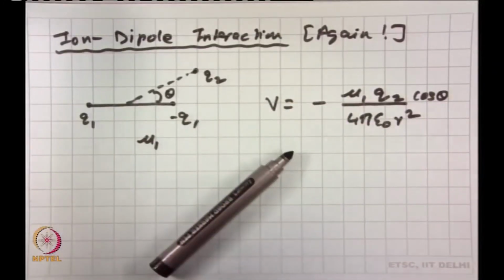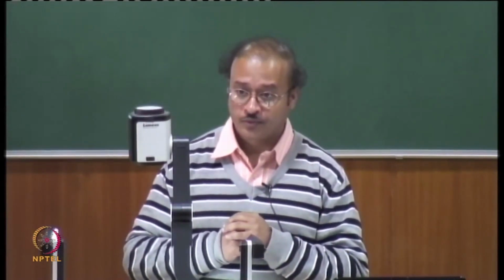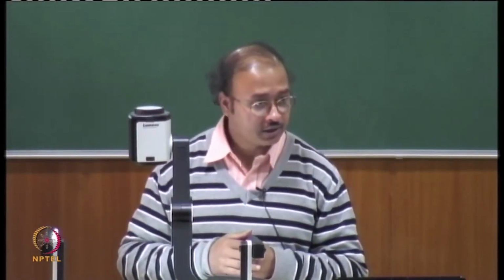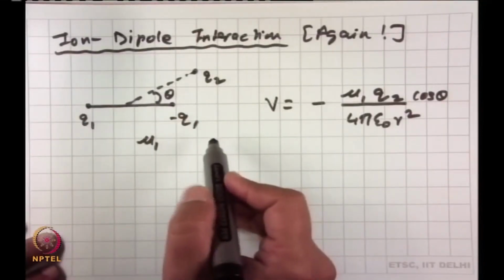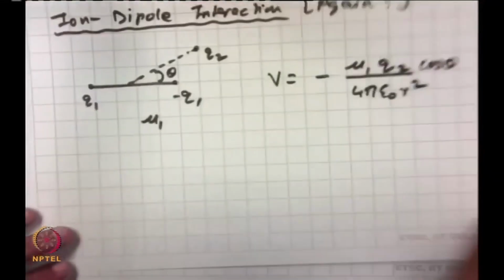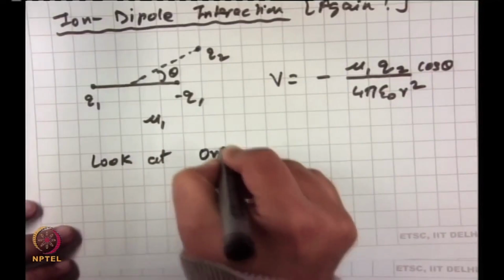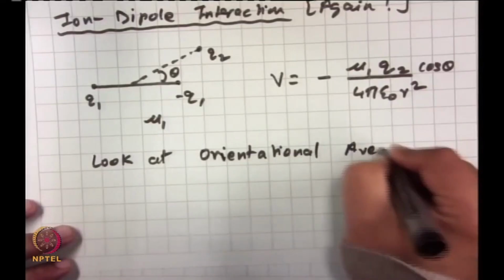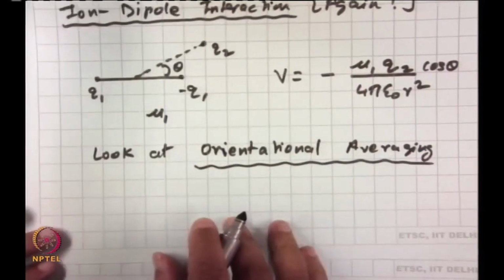But think about a real life situation. If you have a freely tumbling dipole, would you be maintaining a single theta? You will not be maintaining a single theta. What you would instead be maintaining is a range of theta values. So what we are going to do now is look at something known as orientational averaging.